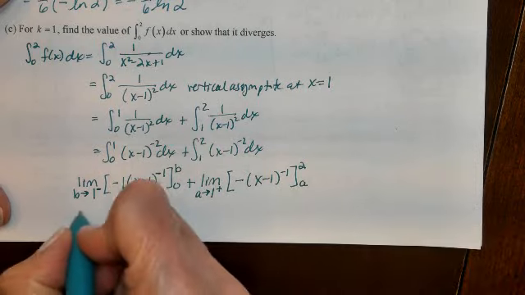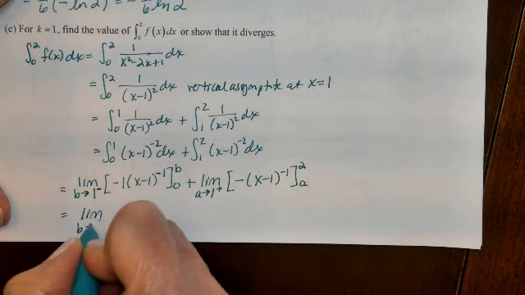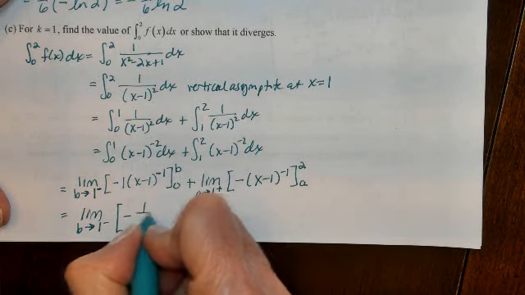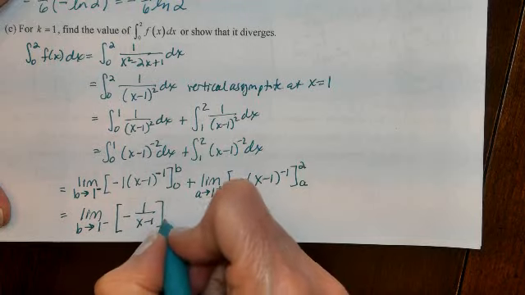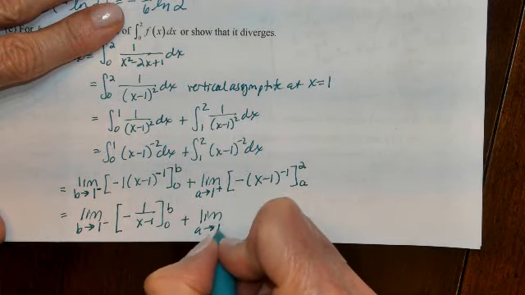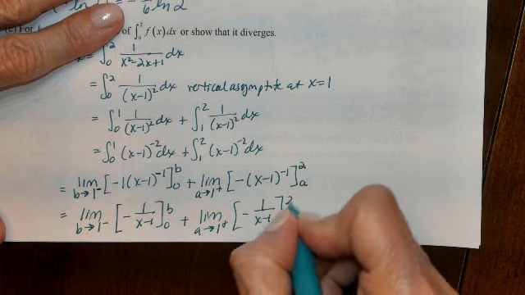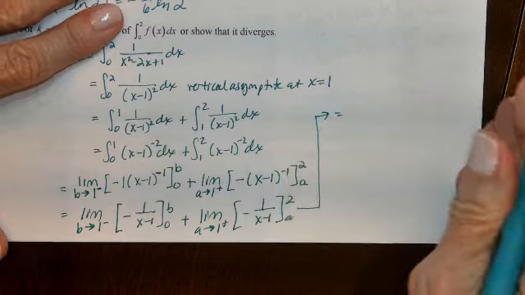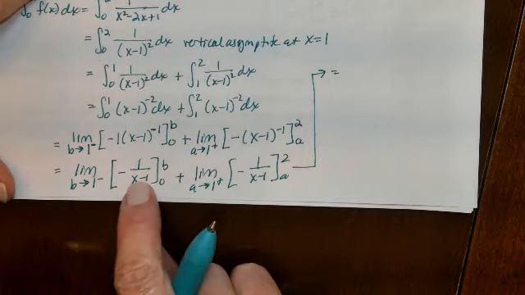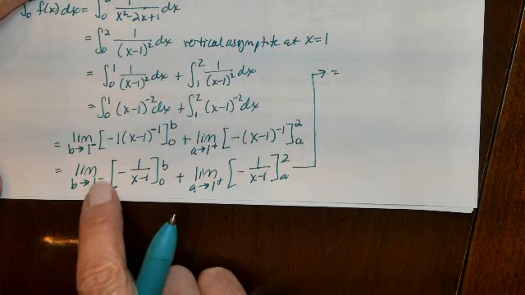Okay, so this is equal to the limit as b goes to 1 from the left. I'm going to rewrite this as negative 1 over x minus 1. It'll help me think of this correctly. Okay. Now, we're going to put b in for x, and then let b go to 1 from the left.